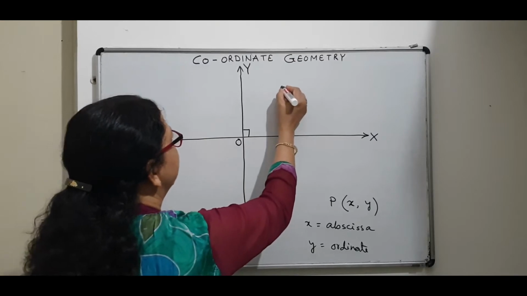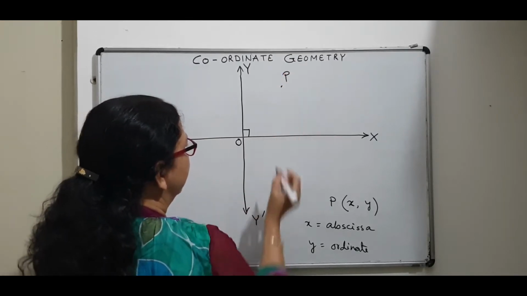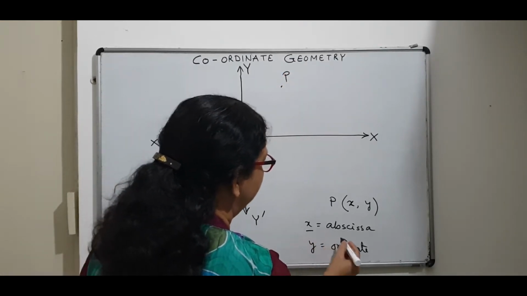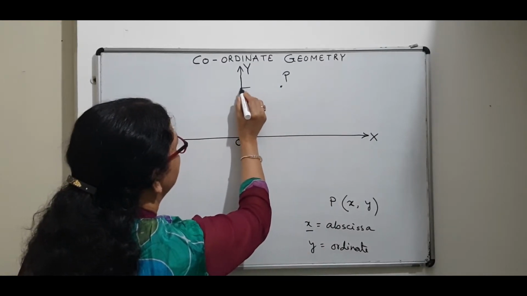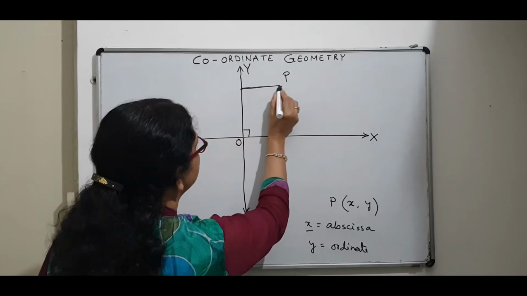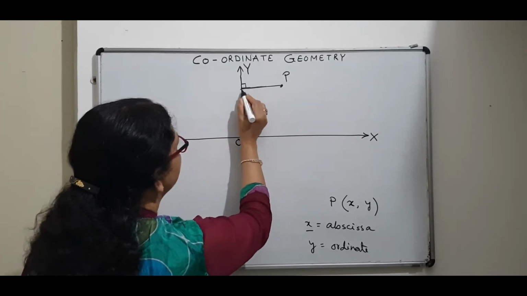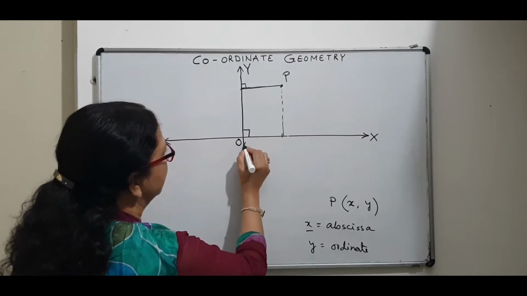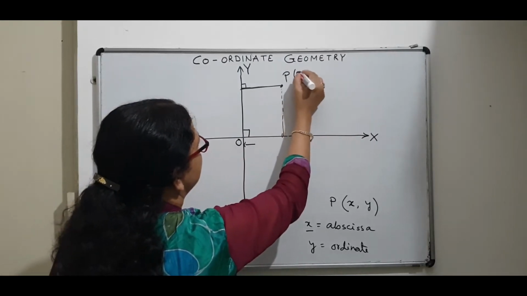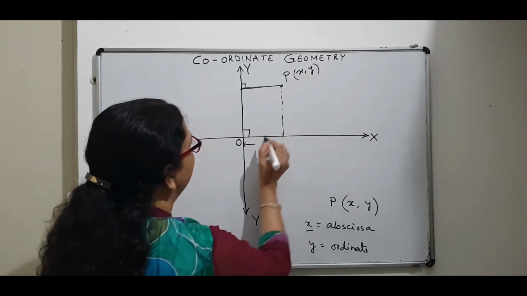Suppose a point is here, P. Then abscissa or x coordinate means its perpendicular distance from the y-axis. So if I drop it on the x-axis, this distance, suppose this is x, y is the coordinate.